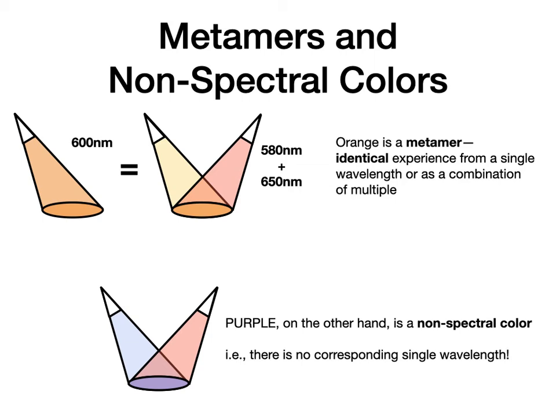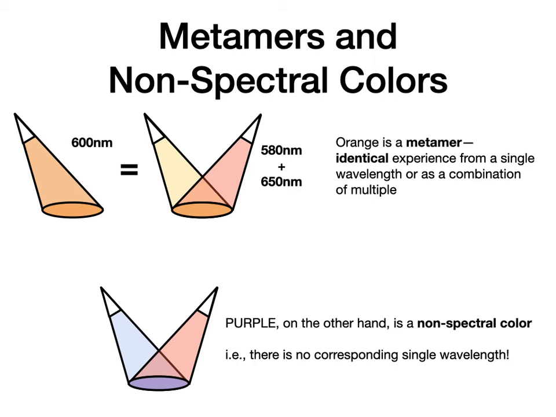That means it's not really there on the spectrum. It's sort of this construct. Now that's just sort of food for thought. It's a fascinating little tidbit that there are light frequencies that we sort of confabulate versus light frequencies that are extant in the world.